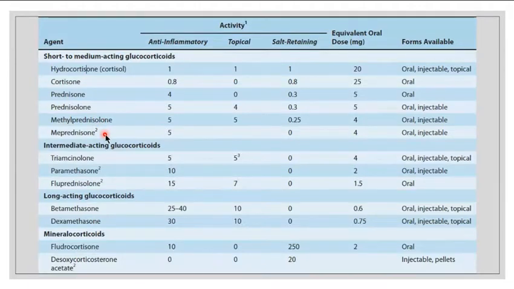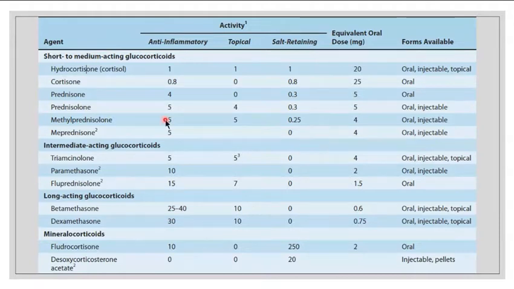As we move towards the right, you have the anti-inflammatory action. We have particular topical activity, because these are also available for application on the skin surfaces. You have some aldosterone activity, that is salt retaining activity, and various routes of administration of these drugs.